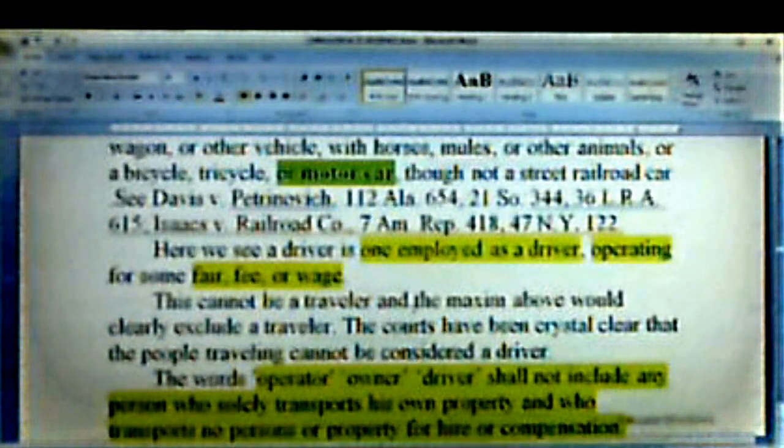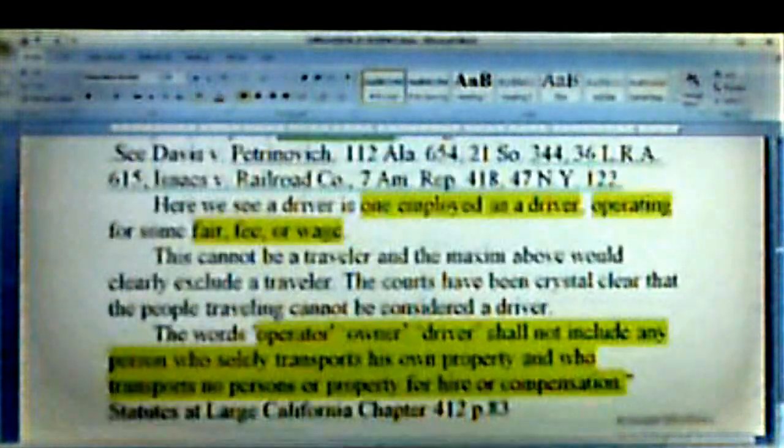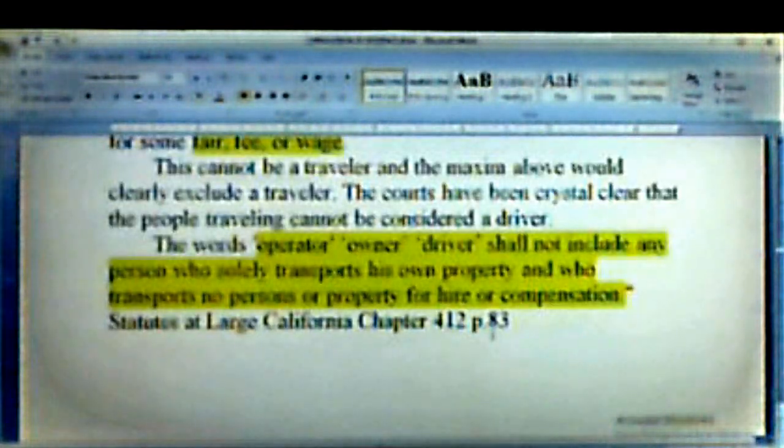Now, here we see pretty clearly that a driver is one employed as a driver, operating for some fair fee or wage. Right? We know that this doesn't apply to those who are just traveling in a car because they're not being paid. Now, the courts have been pretty crystal clear that the people traveling cannot be considered a driver. Now, this is in Statutes at Large.